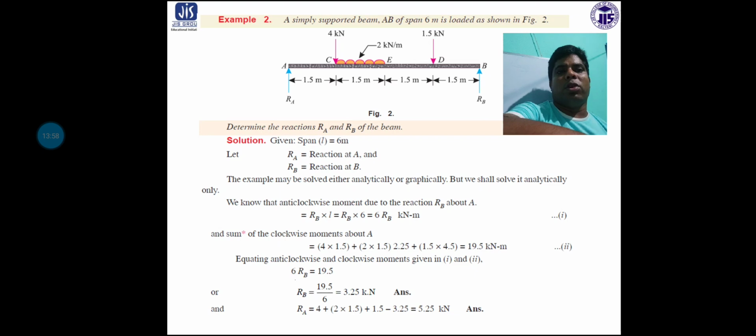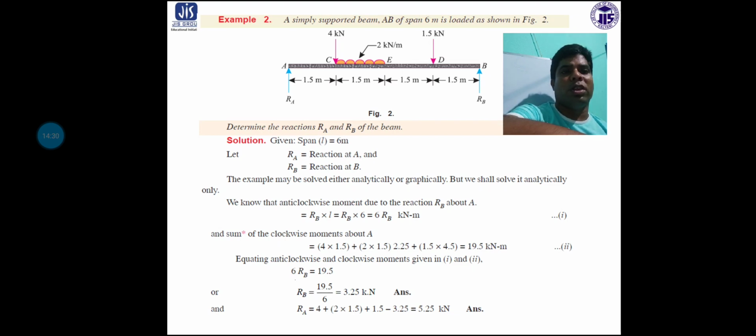RB into L means 6 RB kilonewton meter, and then the summation of the clockwise moments about A is 4 into 1.5 plus 2 into 2.5 plus 1.5 into 4.5, equal to 19.5 kilonewton meter.